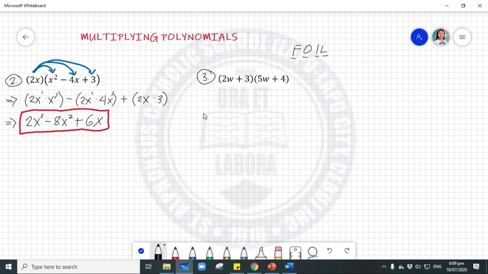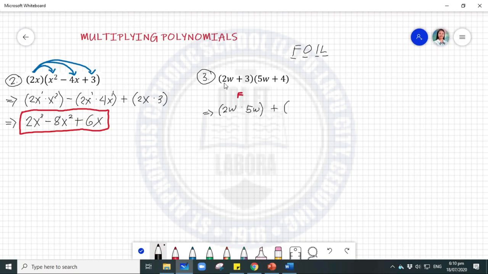Now let's identify. What are the first terms of each binomial? So the first terms are 2w times 5w. Now let's have the outer terms.